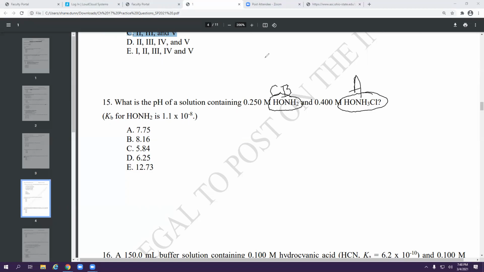The issue is, the Henderson-Hasselbalch equation is pH equals pKa plus log of A minus over HA, right? Am I given Ka and Kb? There are two ways to do this.